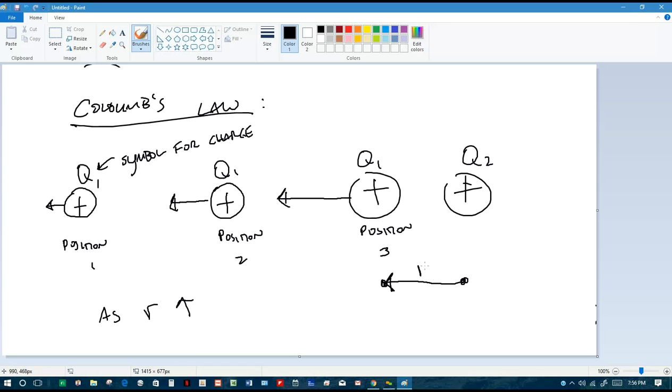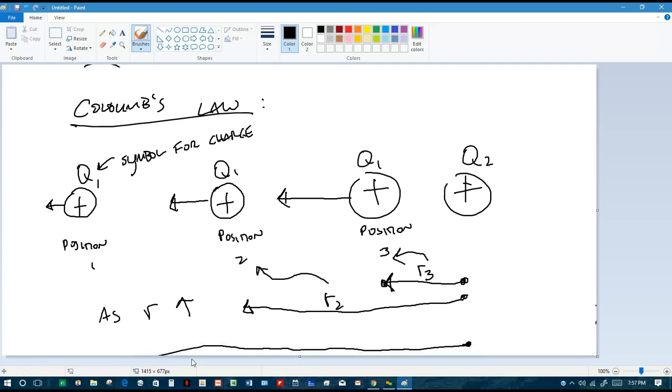It's actually a vector, so this would be r3 because it's position 3. r2 would be the distance all the way from here to here because it's considered position 2, right? Then r3 would be the distance from here all the way down. That would be considered r3, right?